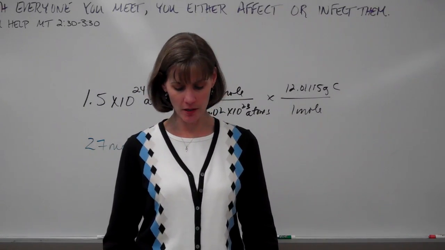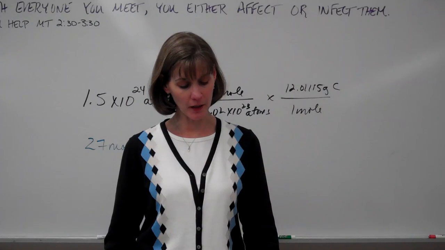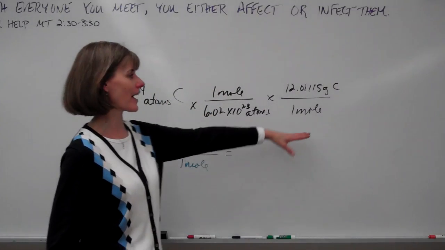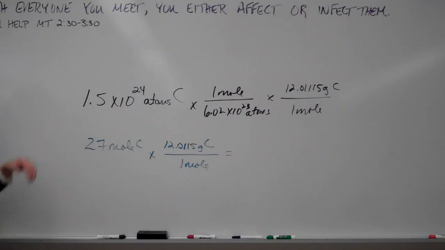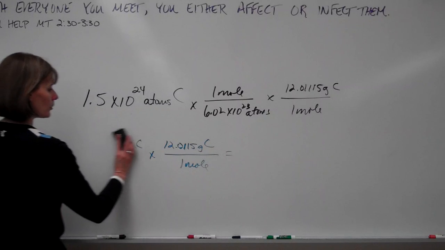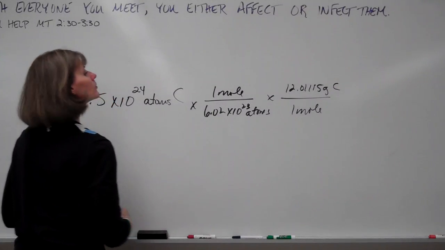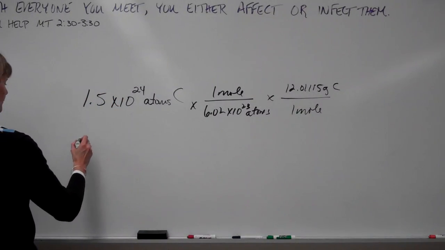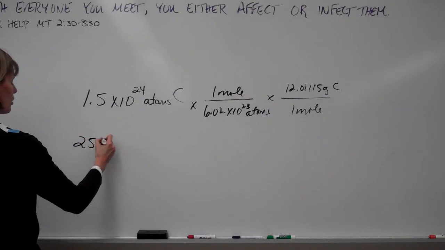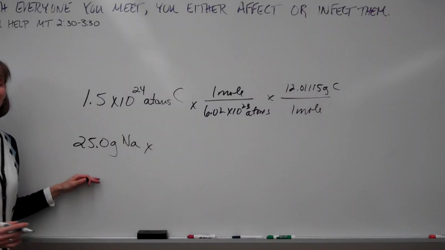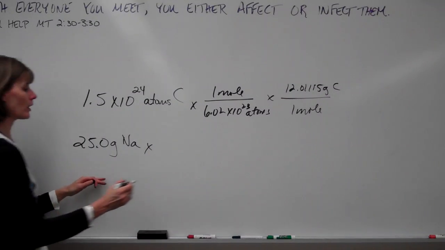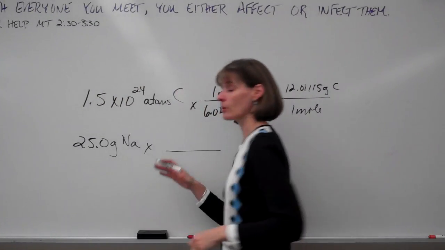And number 40, how to calculate the number of atoms when given mass. That is the exact opposite of this example. So maybe we start with, I don't know, 25.0 grams of sodium. And I want to know how many atoms is that? Well, we always have to go to moles first.